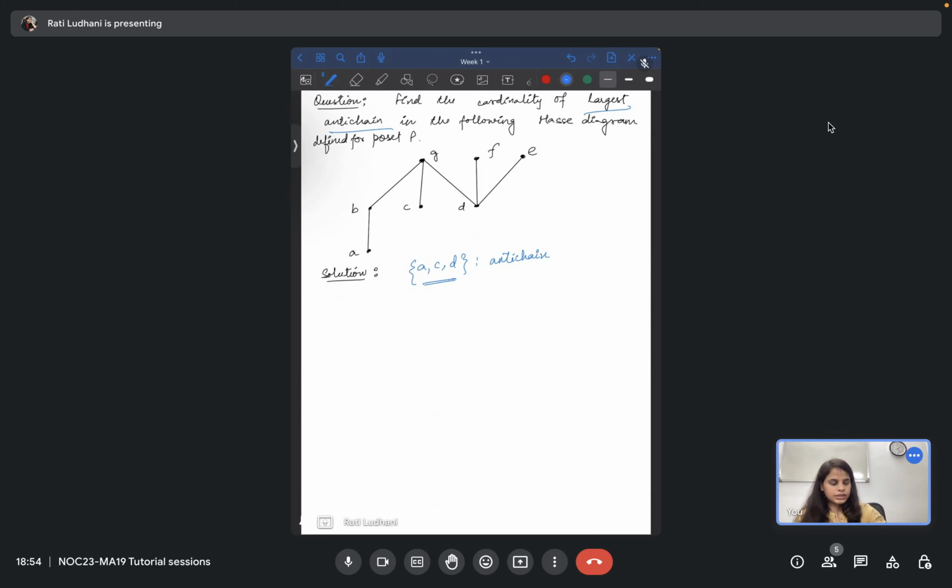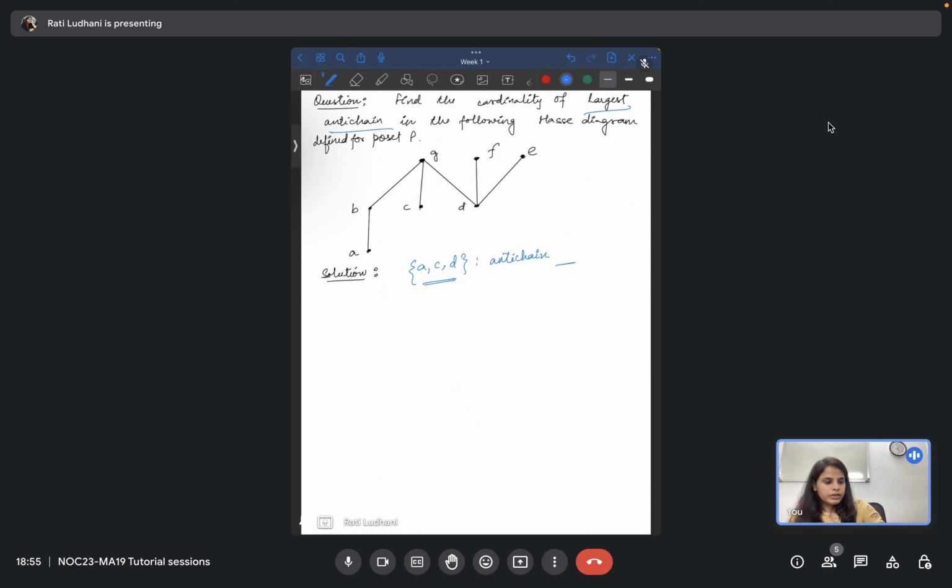No, exactly. If you take A, C, D, you cannot take B because A is related to B. You cannot take G because C is related to G. And F and E you cannot take because D is related to F and E. So you cannot put anything extra and keep it an anti-chain. In this case, ACD is the biggest one so far.